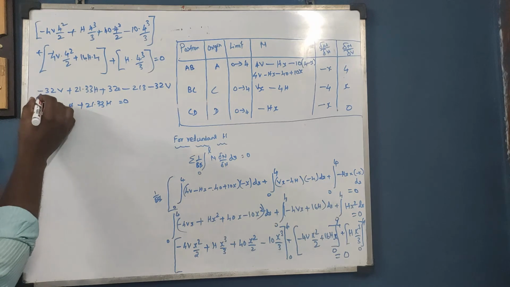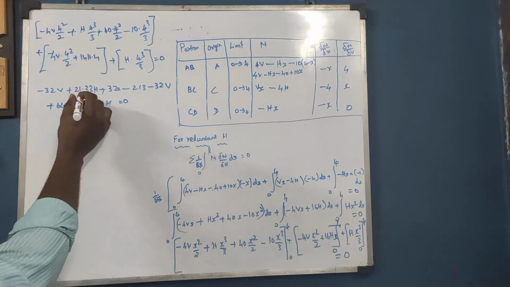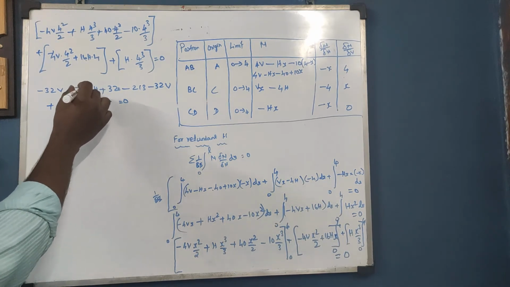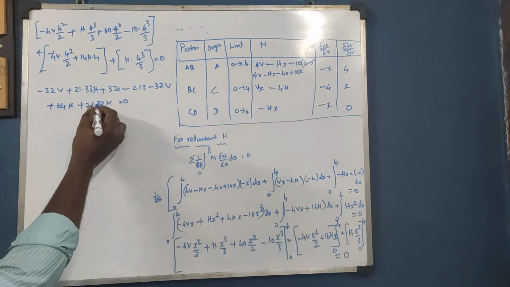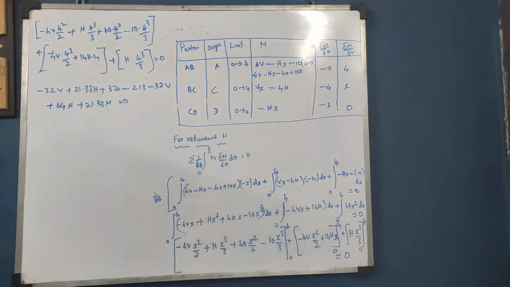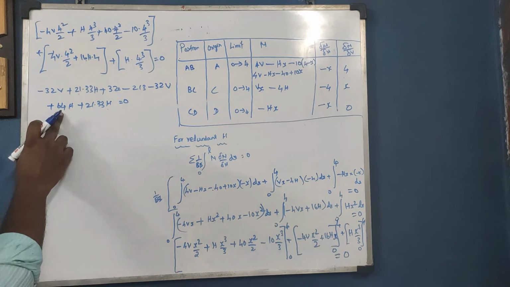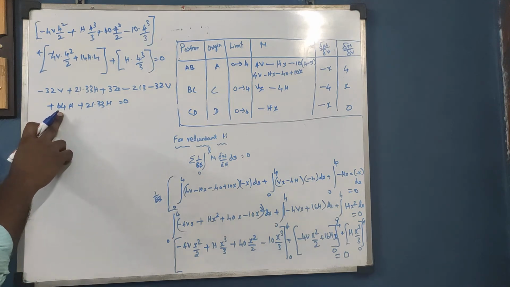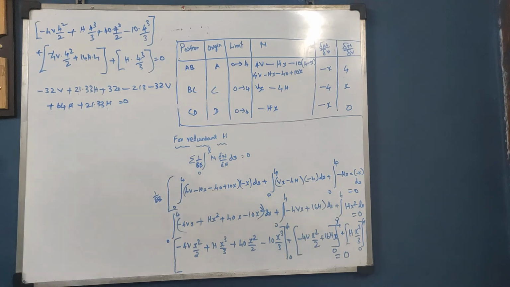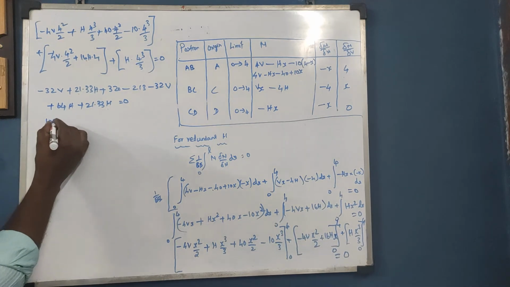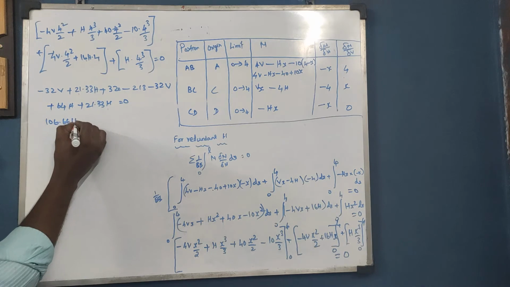Therefore, first we can take h. 21.33, 21.33, it is 42.66. 42.66 plus 64, it is 106.66h.